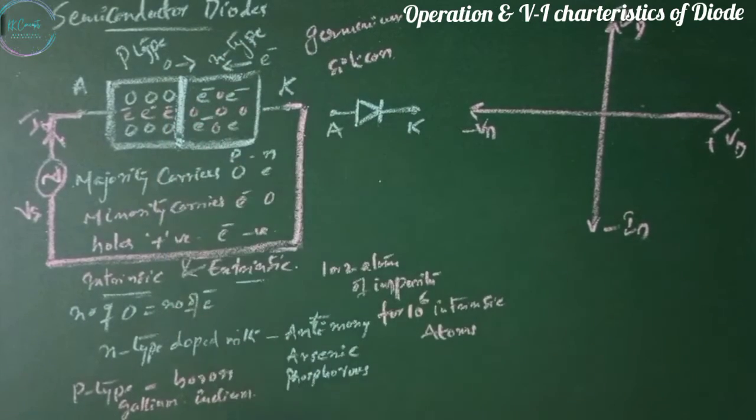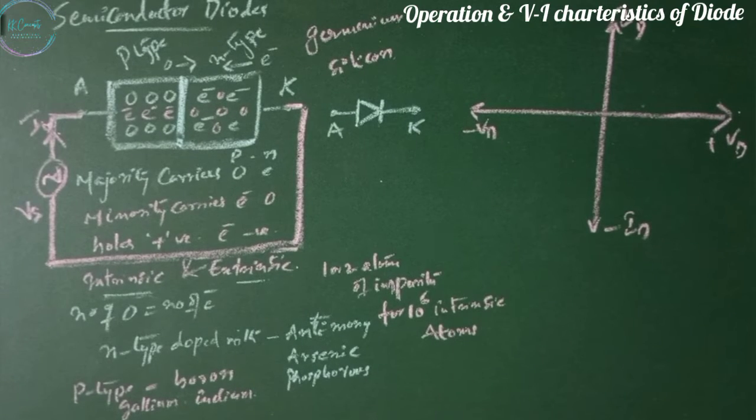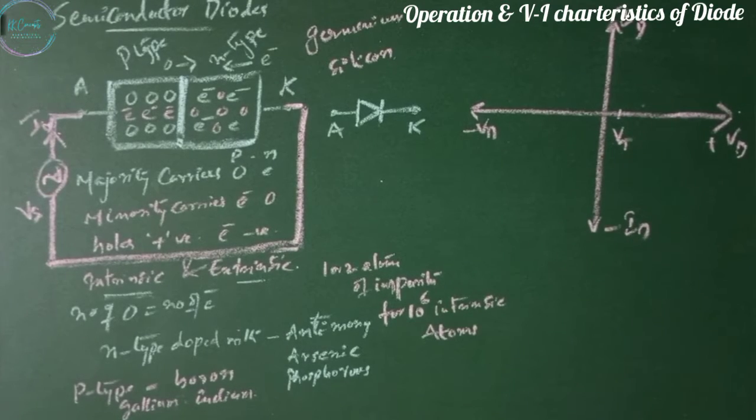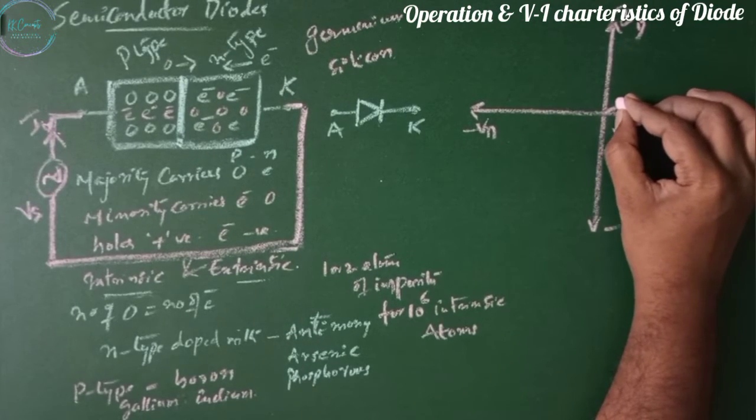Then the depletion layer of the junction reduces, and it starts conducting as soon as it reaches a particular value known as the threshold voltage. Let this be VT, the threshold voltage. Before that, there is only a small amount of current.